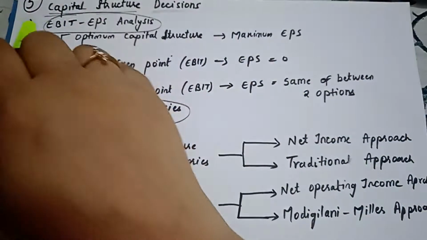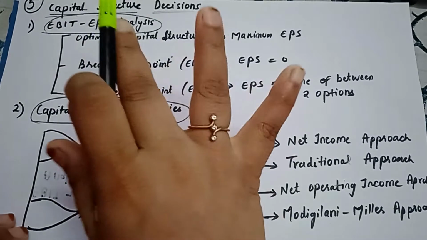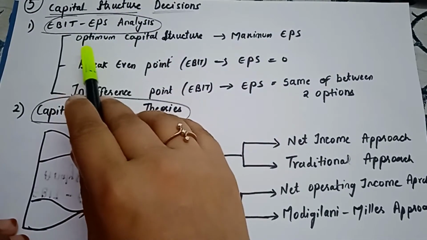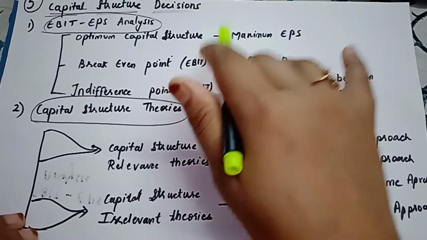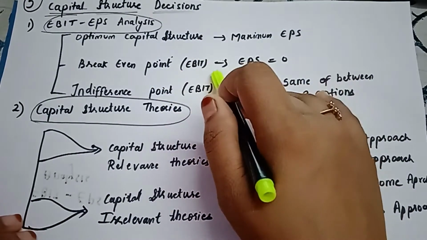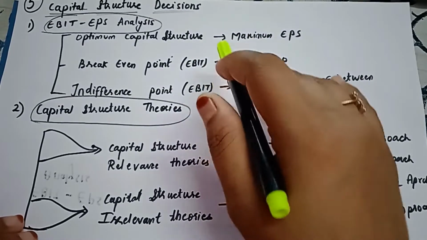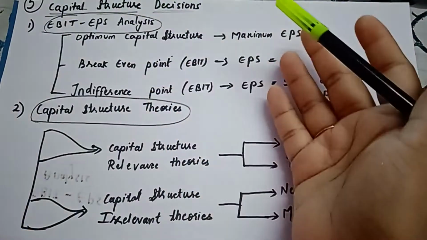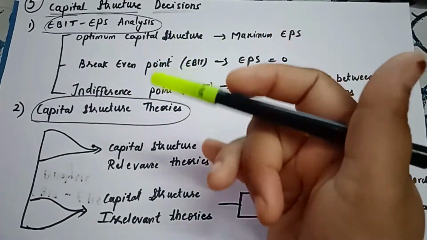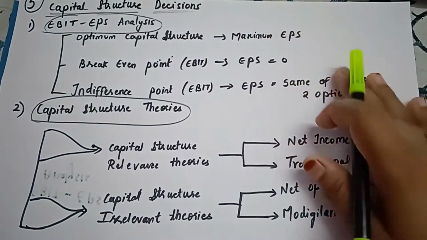So, in this EBIT-EPS analysis, the first thing that we'll be focusing on is optimum capital structure. You would require capital, right? That capital might be from equity shares or preference shares, okay? Or sometimes you may take a loan, that is nothing but debentures or some loan funds from the banks, etc. Making a base of capital structure is not a big deal.